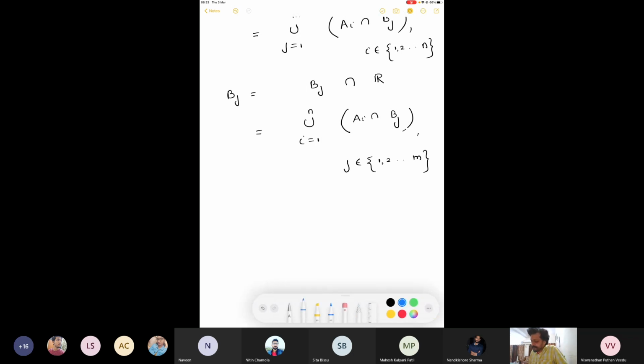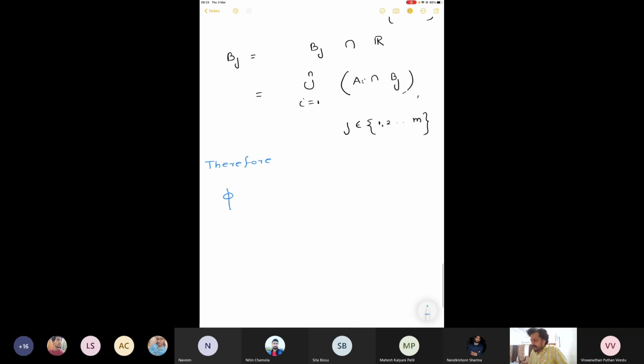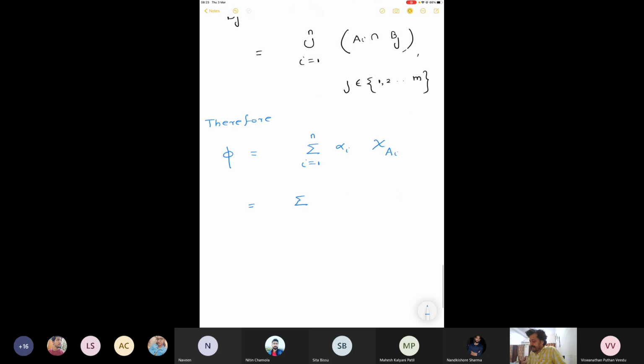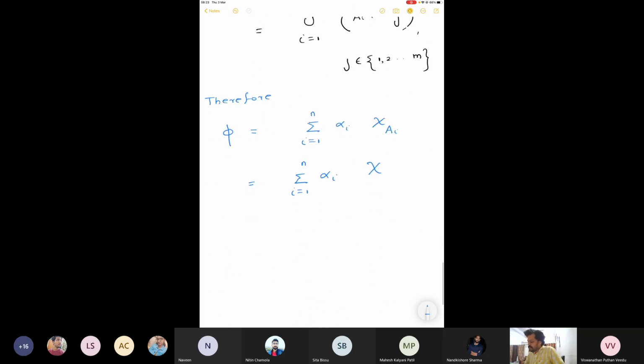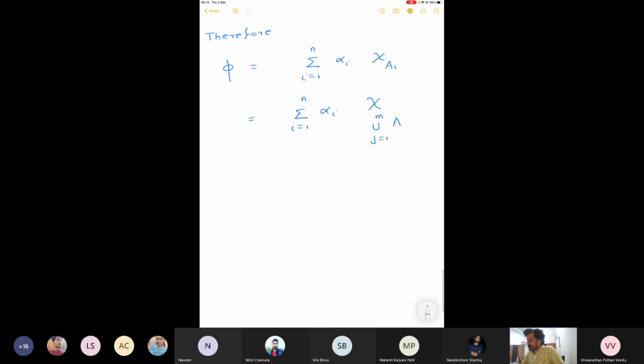Therefore, the canonical representation that you have written for phi and psi can be rewritten as follows. Phi is equal to summation i equals 1 to n of alpha i chi A_i. This was the representation you started with. And this is equal to summation i equals 1 to n of alpha i chi of A_i, which is this union j equals 1 to m of A_i intersection B_j.